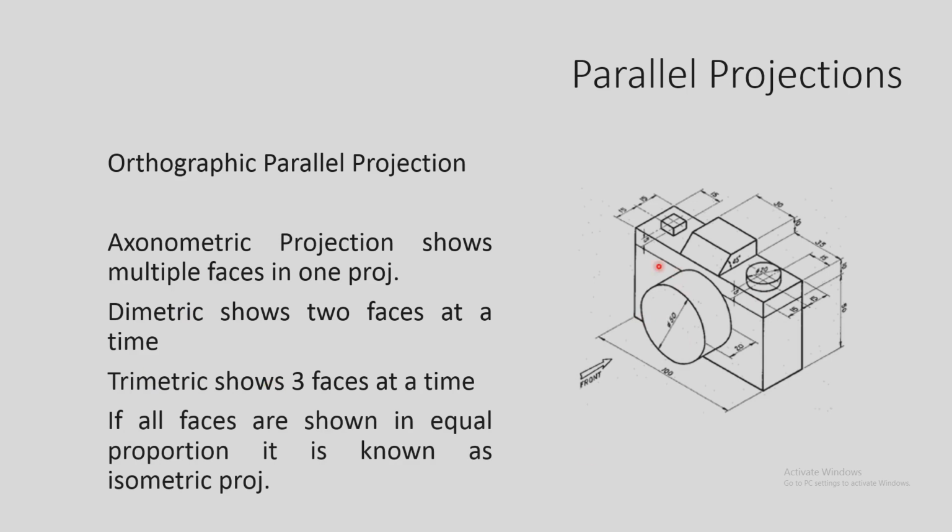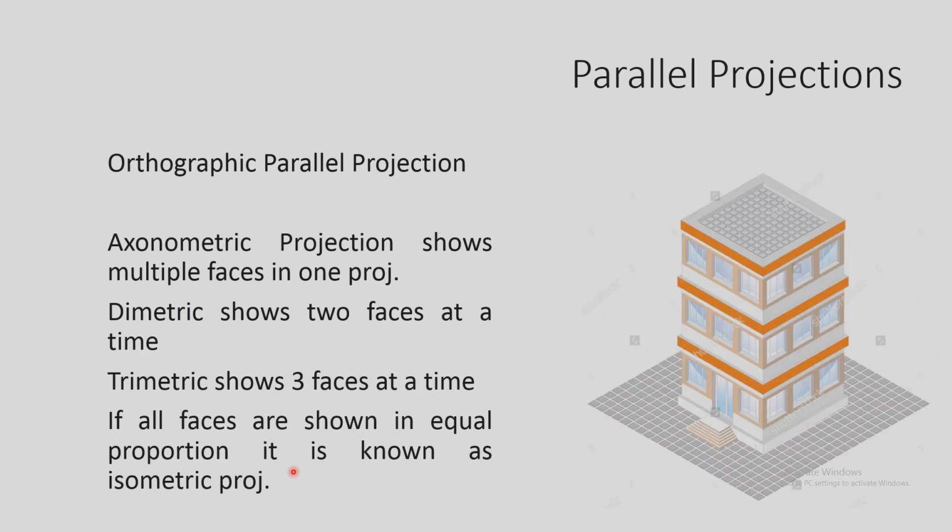And if all the 3 faces are shown in equal proportion, meaning equal emphasis, for example in this case the front view is shown more and the top view and side view are shown less. If they are shown with equal weightage, it is known as isometric projection.